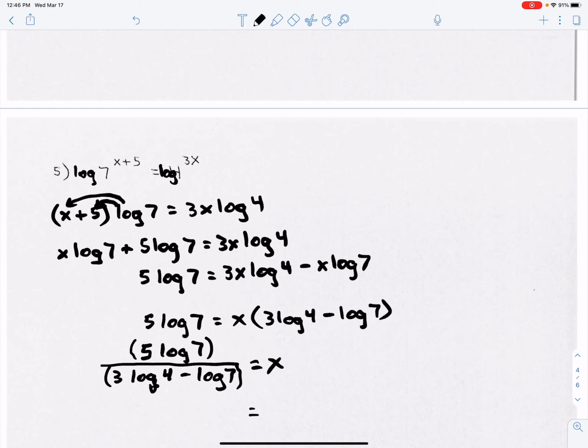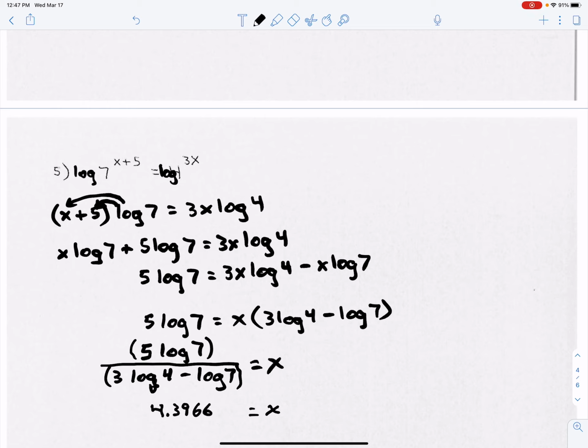Then divided by, open parentheses again. Okay, and I'm going to take the log of 4 times 3, okay, minus the log of 7, and then close parentheses, and now push equals, and you should get 4.39, and I'm going to round this off to 4 decimal places, 4.3966.